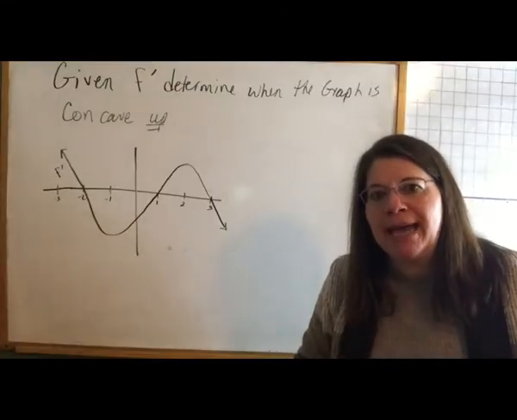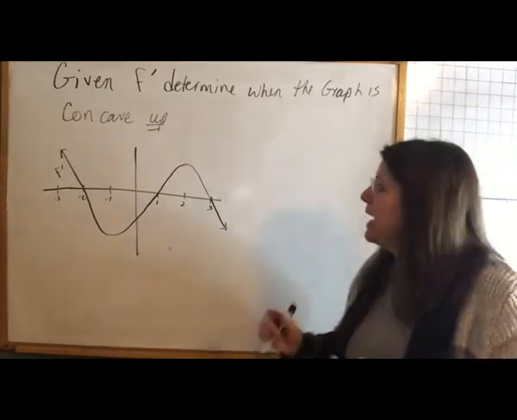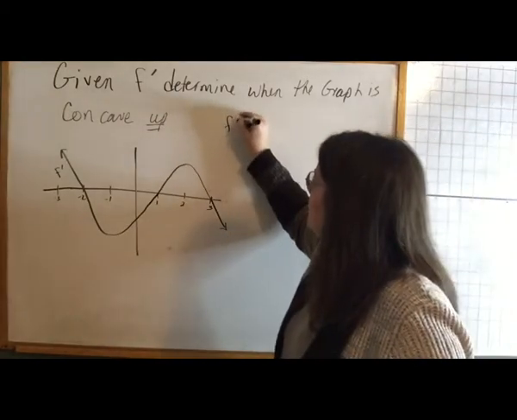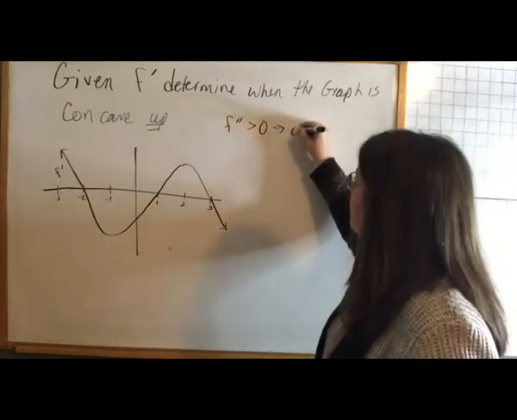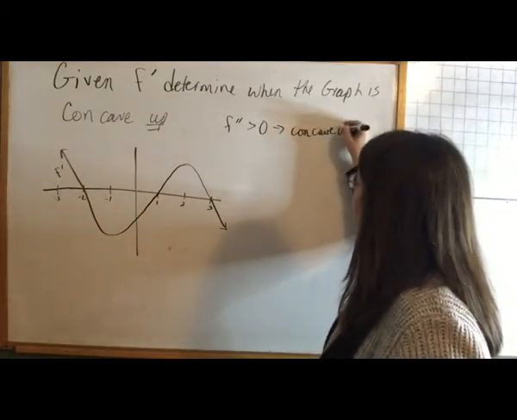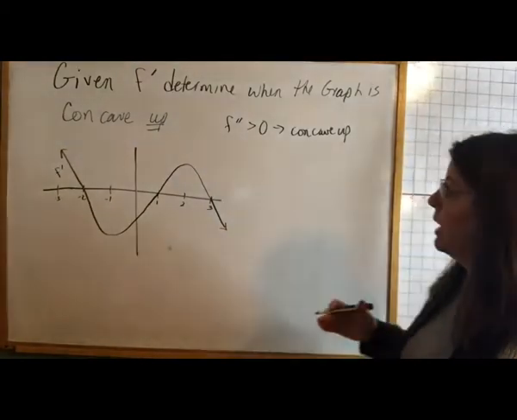You have to think back to what we talked about at the beginning of this section. Didn't we say that if f double prime is greater than 0, that means the graph is concave up? Okay, we wrote that down at the beginning of this section, okay?